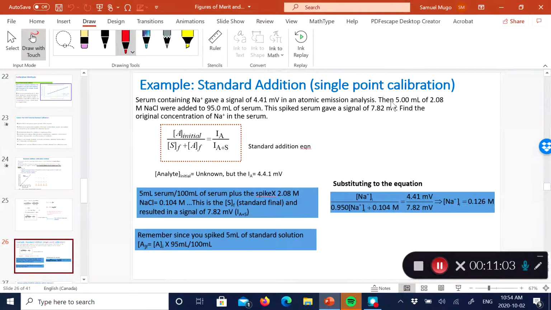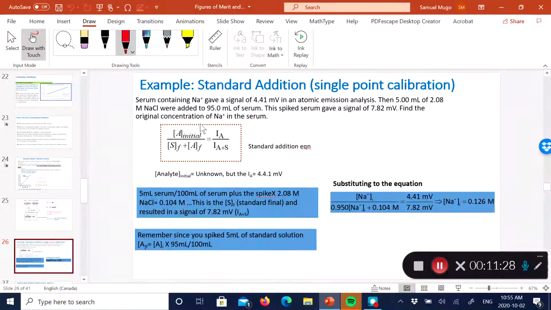Now, after that, you take 5 ml of a standard solution that is known, 2.08 molar of salt, and then you spike it into 95 ml of your serum sample. And after that, you do the analysis, and it gives you a signal of 7.82 millivolts.